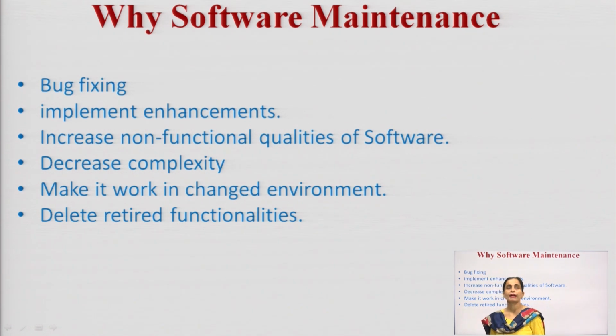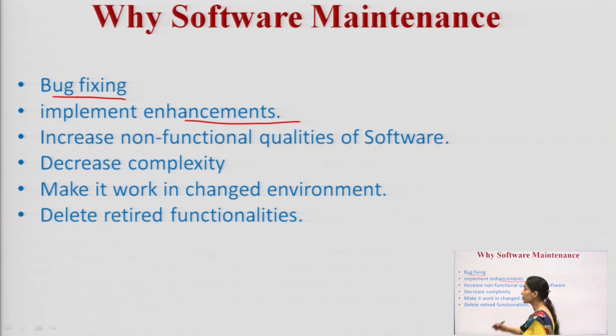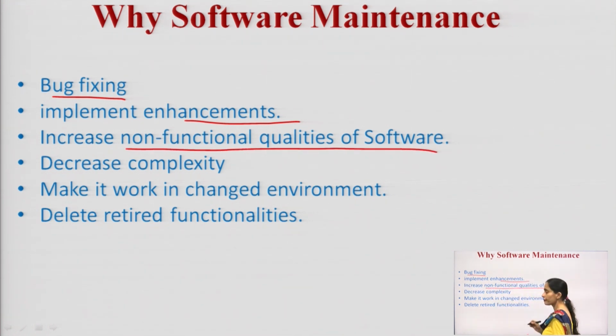Why is this software maintenance required? Because we want to fix the bugs. So, it is required for bug fixing, then to implement the enhancements that are suggested in this new environment. So, to enhance our existing software this maintenance is required. Then to increase the non-functional qualities of our software; there can be some functional qualities and some non-functional qualities of the software.